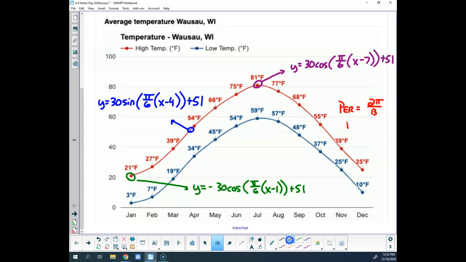And so then b would be equal to 2 pi divided by my period. So 2 pi divided by 12 is pi over 6. Because it doesn't end here. It actually ends back where we started, which would be back in January.